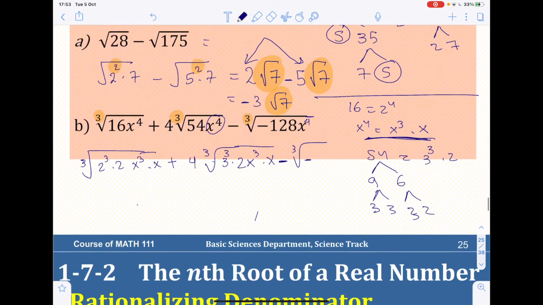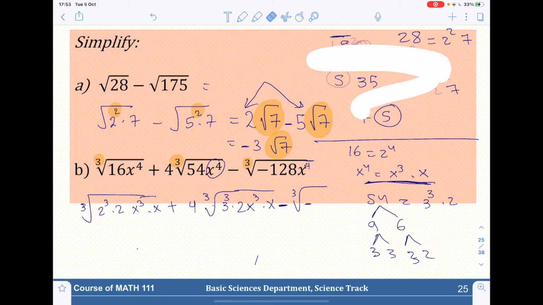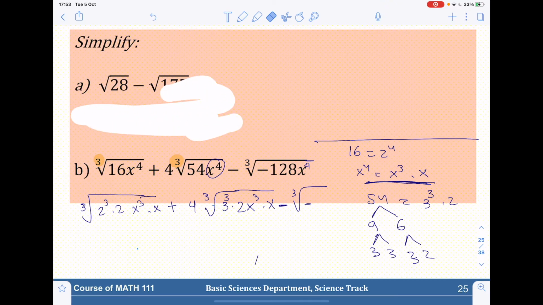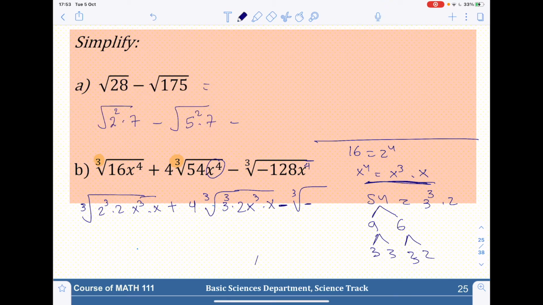Okay, so let me do this one. So 128, when we factorize 128 with 2, since it is even, 12 divided by 2 is 6, and 8 divided by 2 is 4. And you know that 64, I just said that 64 is 2 to the power 6.